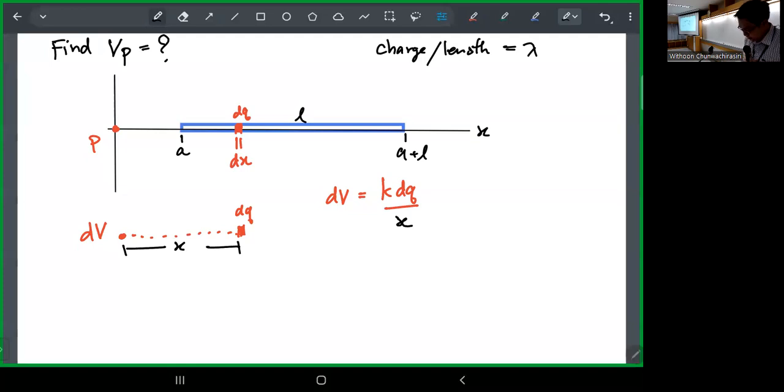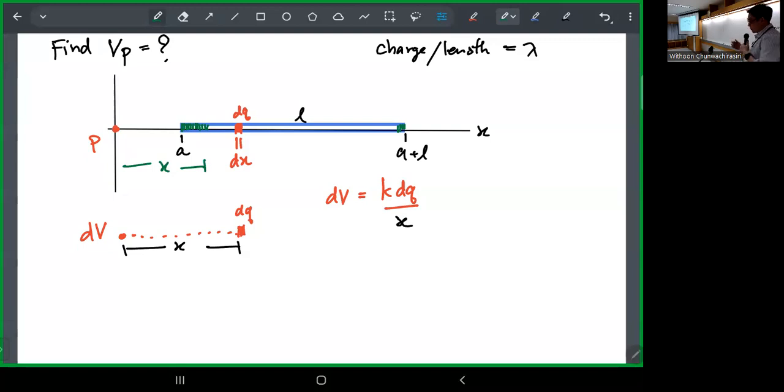Then you start slicing from the left end of the rod, dq, dq, dq, all the way to the right end of the rod. No matter where you are on the rod, the same expression applies, because you can always calculate the potential dV directly from k dq over x, no matter where your x is going to be.